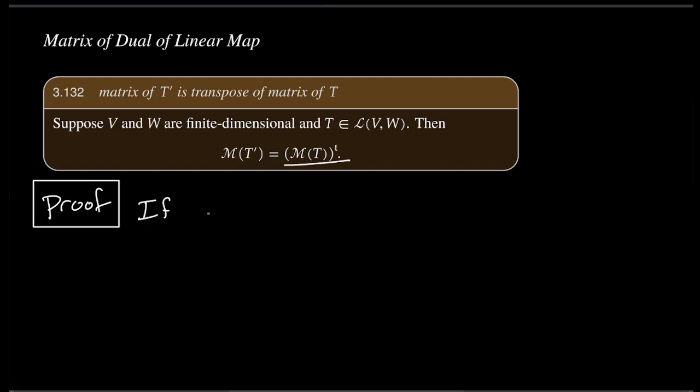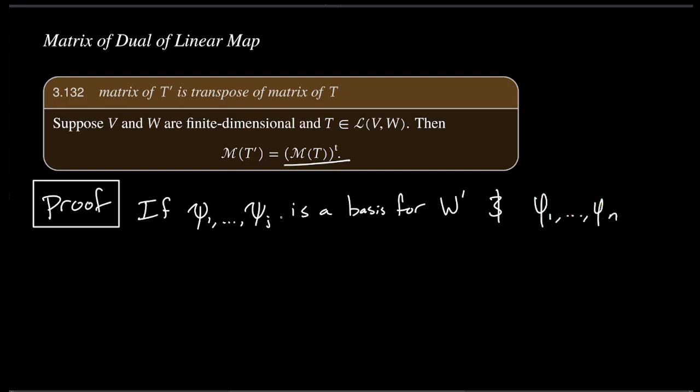So if psi 1 through psi n is a basis for W prime, and phi 1 through phi m is a basis for W, where psi 1 through psi m, and this is maybe the part that gets confusing. So we're taking matrices of linear maps.